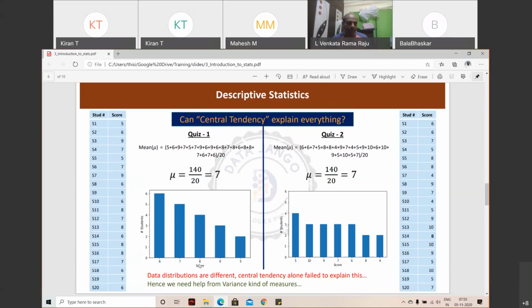On the x-axis, we have taken the label. What is the label here? The score is the label. There are distinct scores. The score is going to be between 0 and 10 only. Maximum is 10, so 0 to 10 is the score. When you do a graph, on the x-axis you will get values from 0 to 10 only.